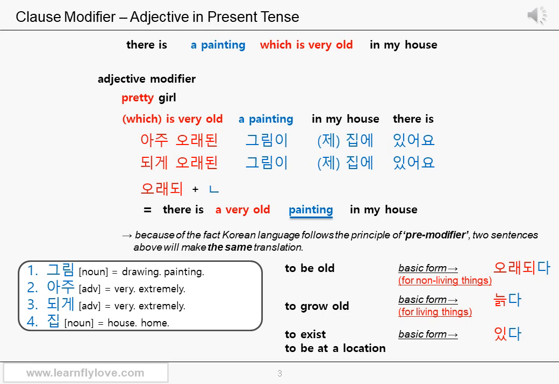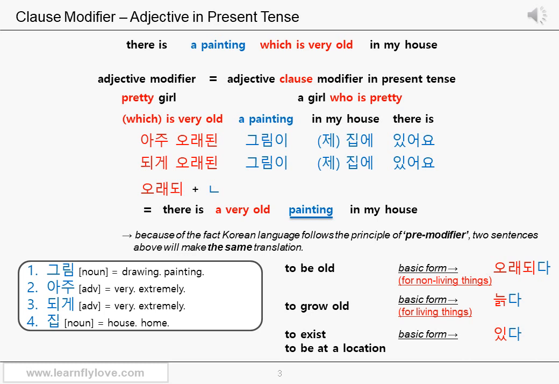An adjective clause modifier in the present tense is the thing that we are learning now. Fortunately, adjective clause modifier in the present tense follows the same conjugation rule that adjective modifier follows. If you don't remember how to turn the basic form of an adjective into a modifier, please go back to lesson 6 part 1. Let's rearrange the words.